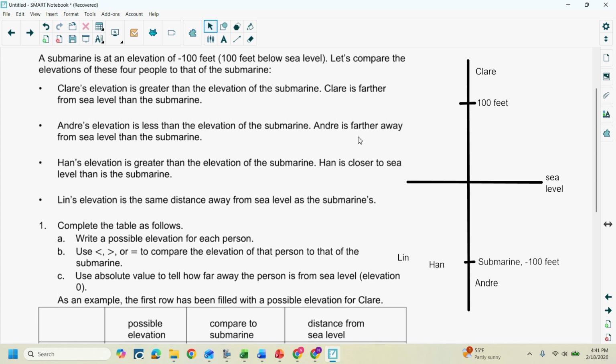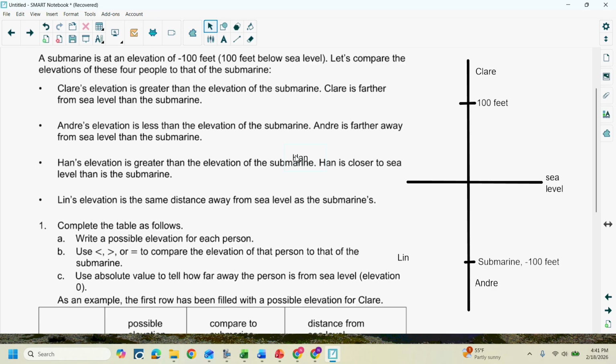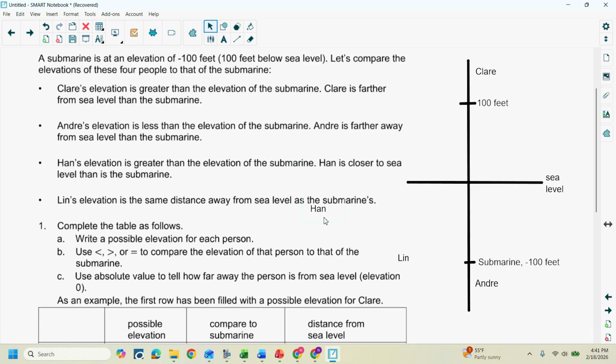Now Han's elevation is greater than the submarine, and Han is closer to sea level than the submarine. So Han can be anywhere here.